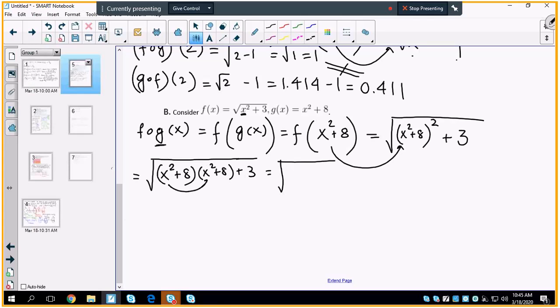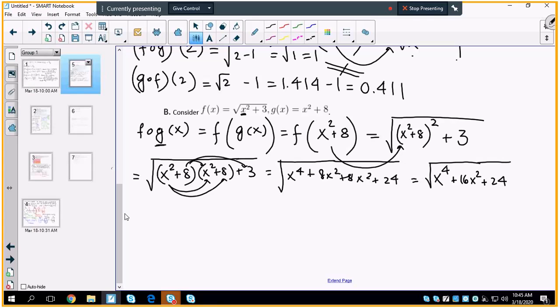I will get x to the power 4 plus 8x squared plus 8x squared plus 64, plus 3, which is equal to square root of x to the power 4 plus 16x squared plus 67. And that should be my final answer for the composition of f with g when I do g first.